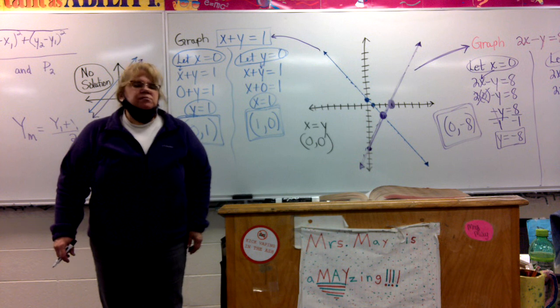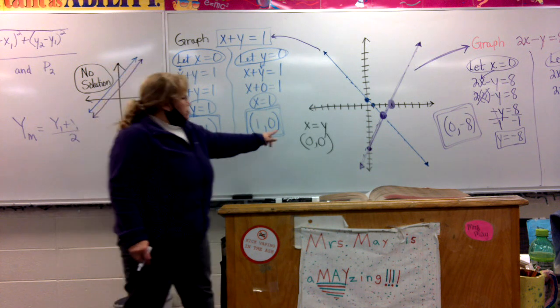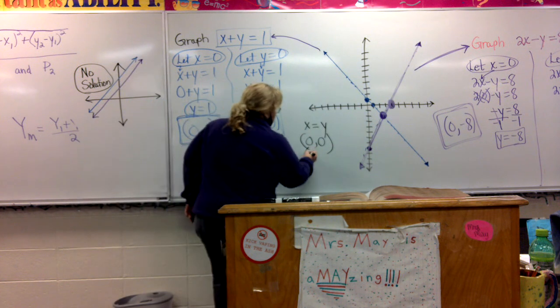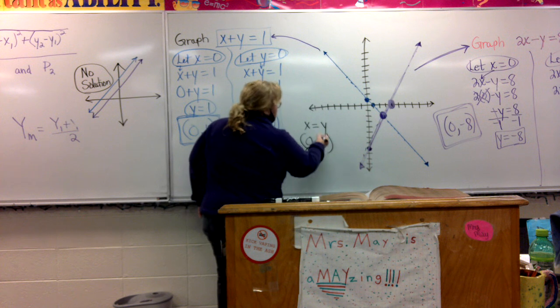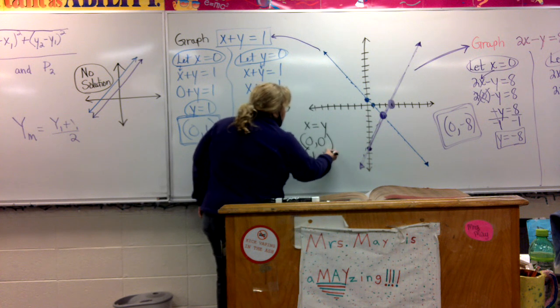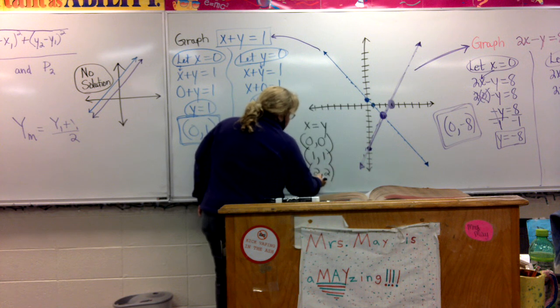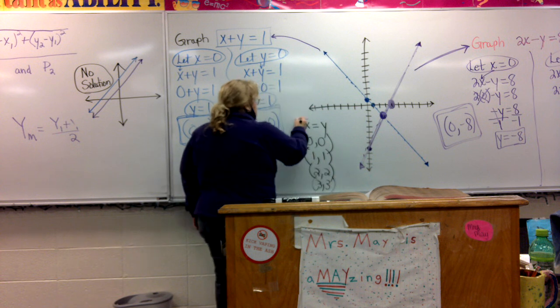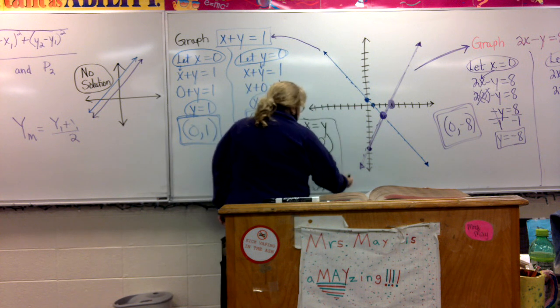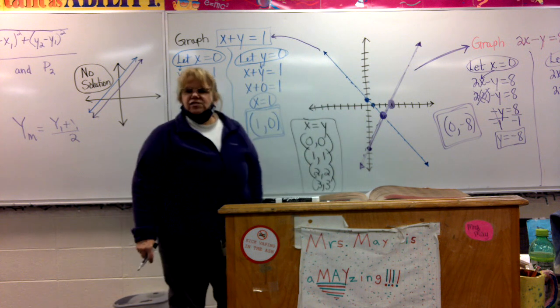Can you give me some more coordinates where x and y are equal? If x is 1, what's y? 1. If x is 2, what's y? 2. If x is 3, what's y? And so on. So there's a whole bunch of points you can plot for x equals y.